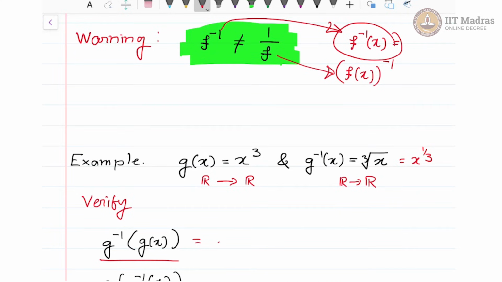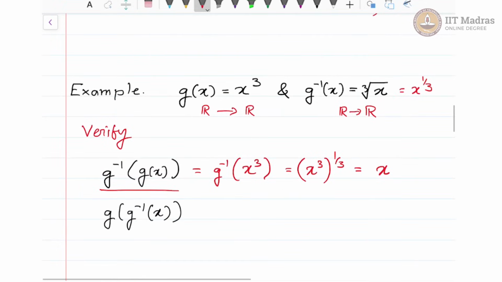Let us keep g inverse intact and put what is g of x, which is x cube. Okay, now you substitute the function g inverse of x as x raised to 1 by 3, then this becomes x cube raised to 1 by 3, then multiplication of indices a raised to mn is applicable, so it will be x. Okay, so one way it is true.